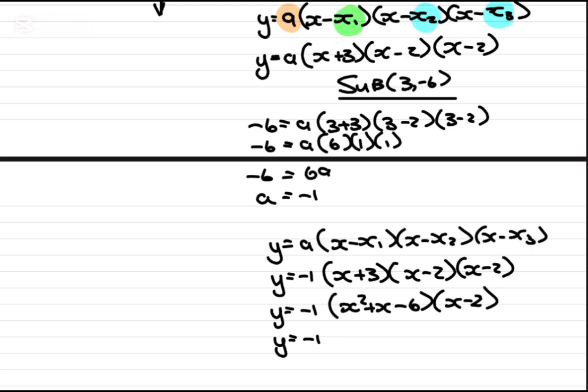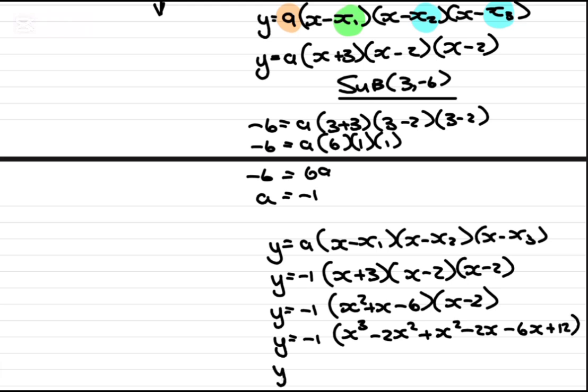So we're just going to get one huge bracket, and then we multiply the negative 1 into that bracket. So this is x to the power of 3 minus 2x squared. And so it's this times this times that. The x times x is a positive x squared, minus 2x, and then minus 6x, and then there's a plus 12.